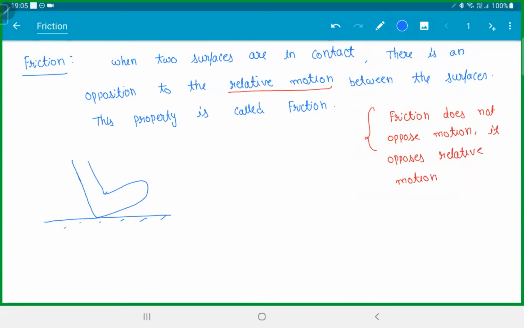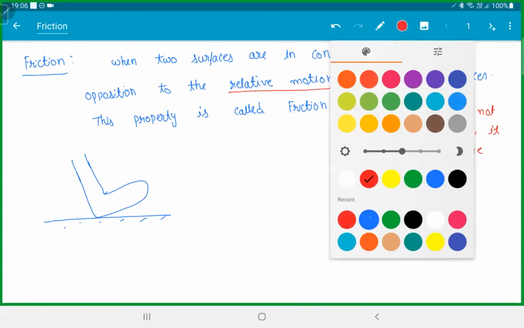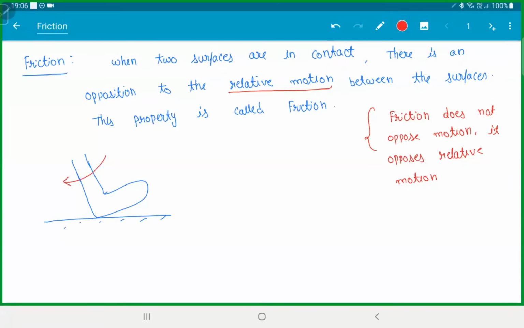Let's say this is your leg. When you put your leg on the ground, you're trying to drag it backward, isn't it? So that means the point on your heel is actually trying to slide backward.